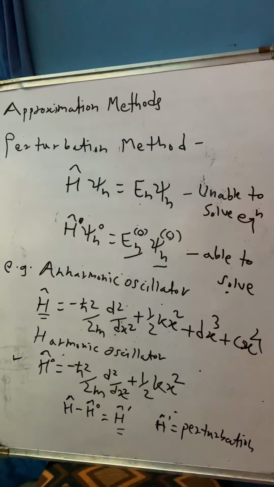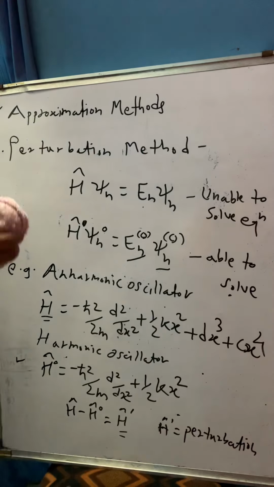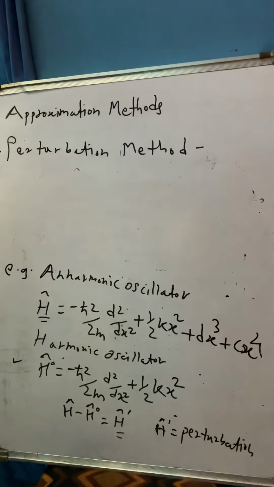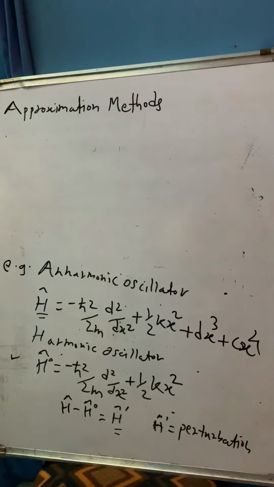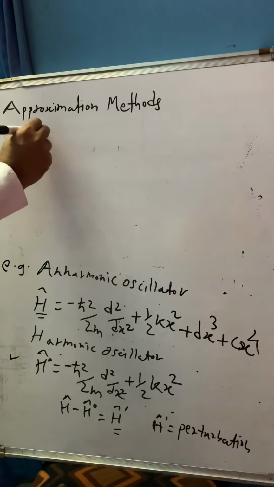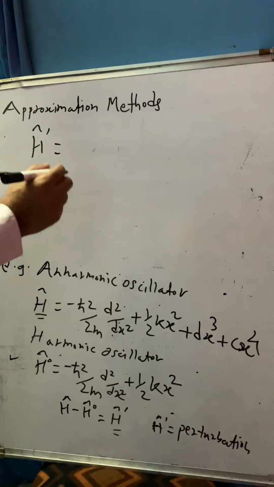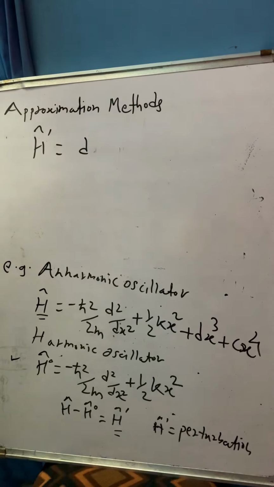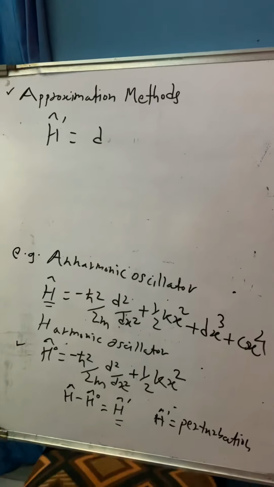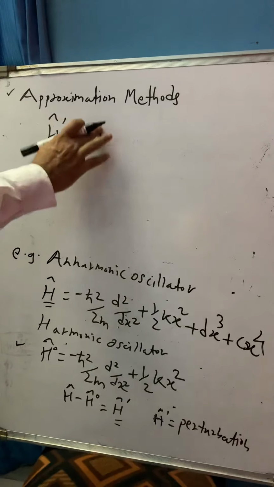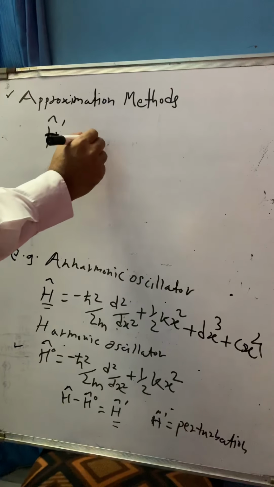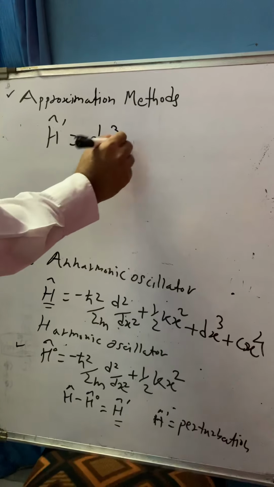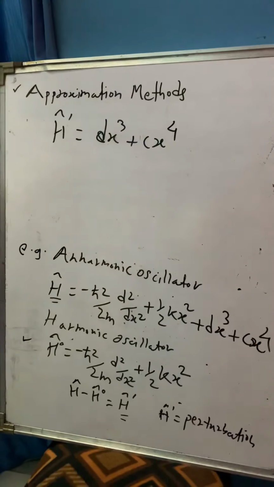Now in the case of this harmonic oscillator, that perturbation H prime is nothing but dx cube plus cx4.